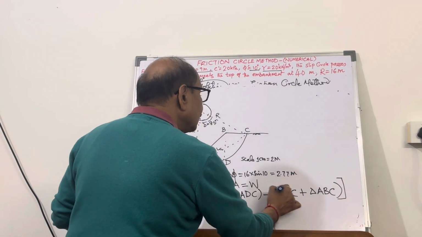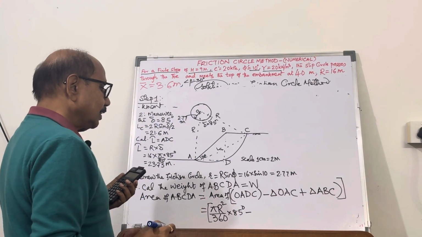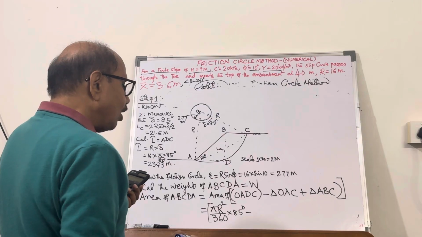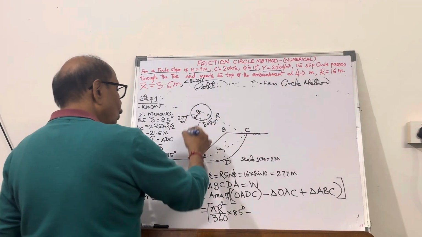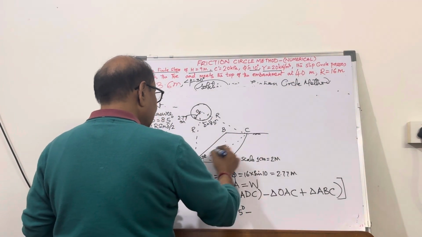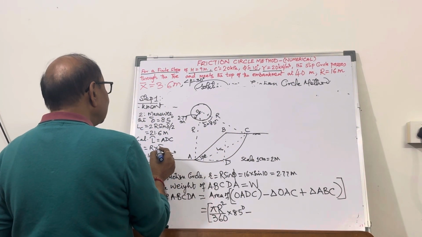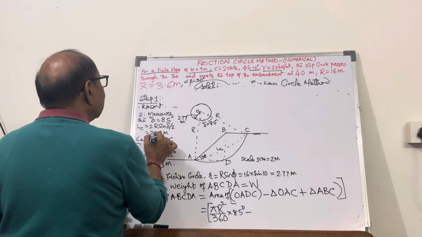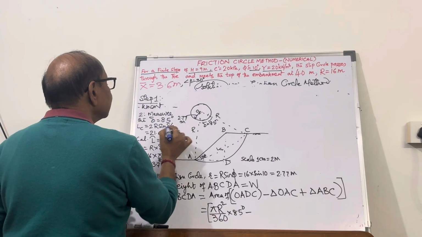So this gives you the complete area of OADC minus the area of triangle OAC. AC is known to you. The length of the chord you have already calculated as 21.6 meter.